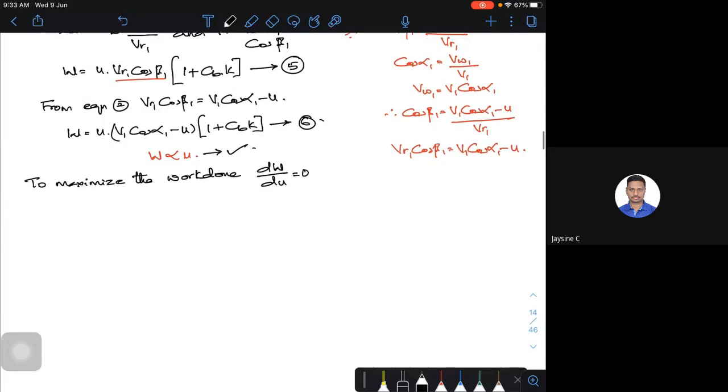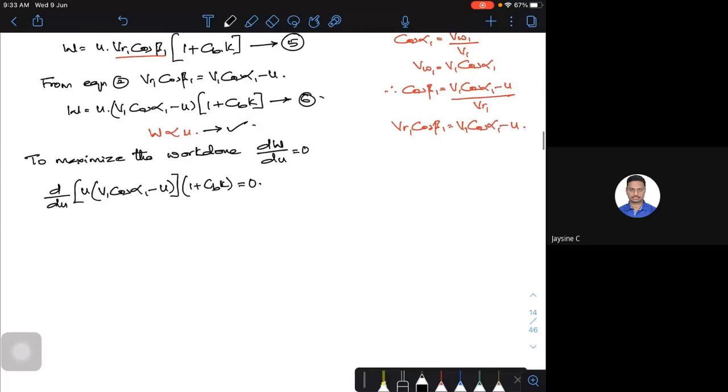That is d by du of this work done expression, u into (v1 cos alpha 1 minus u) into (1 plus cb) into k, is equal to 0. Then the (1 plus cb) and k will go off, since those are constants.